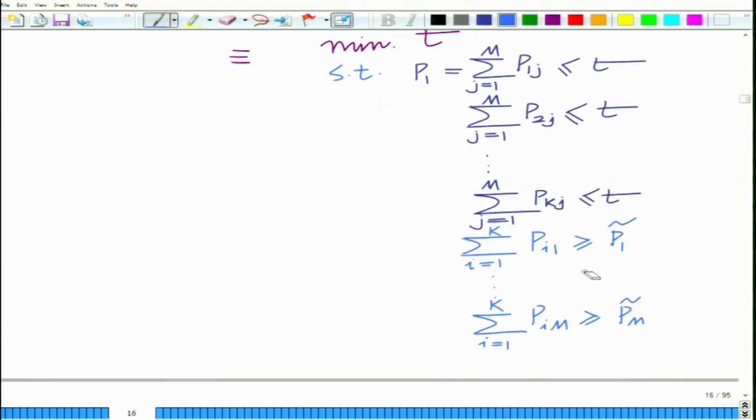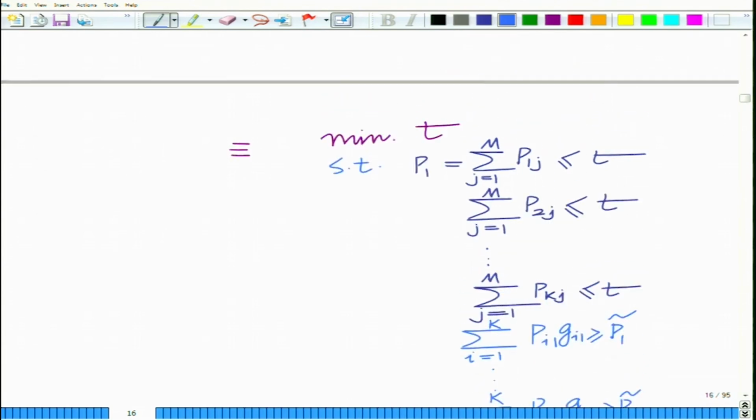Similarly here also, summation i equal to 1 to k Pim Gim greater than or equal to Pm tilde.